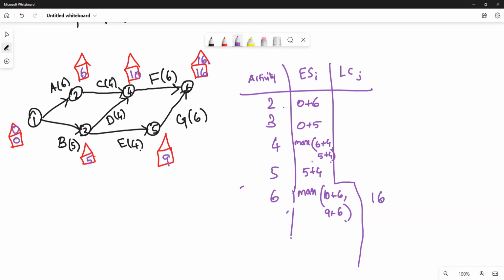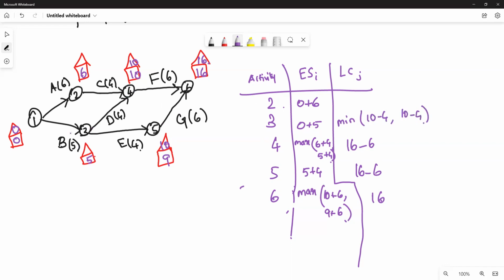You have to go in the reverse way. For node 5, only one activity is going out, so it is 16 minus 6, that is 10. For node 4, only one activity is going out, so 16 minus 6, that is 10. For node 3, there are 2 activities going out, so we take the minimum of those 2: minimum of 10 minus 4 and 10 minus 4.